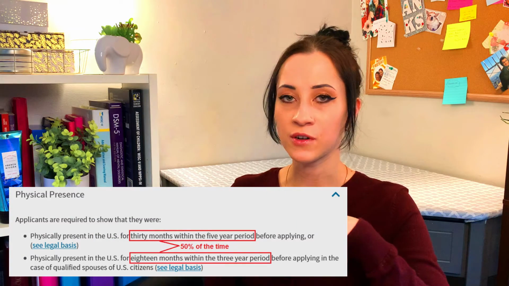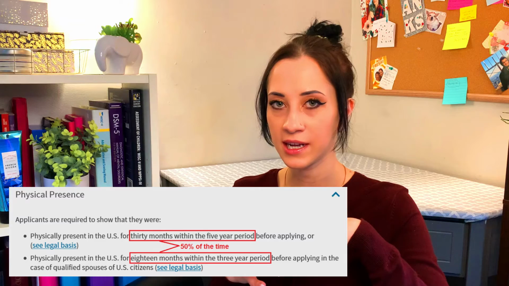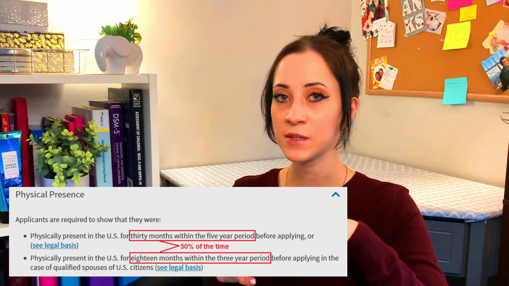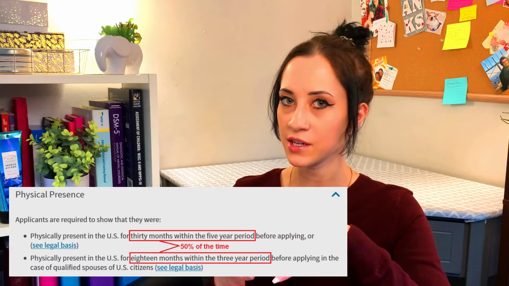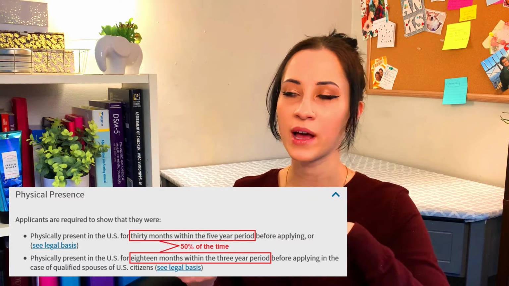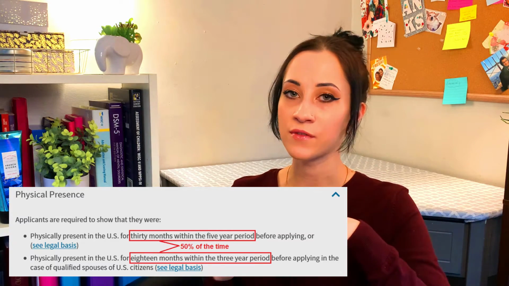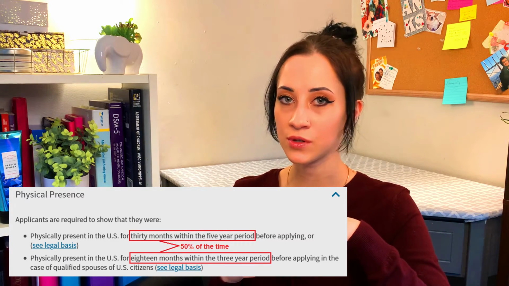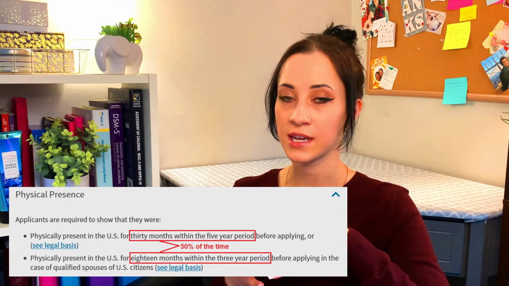To put it simply, for naturalization purposes, you do have to physically be present in the United States for at least 50% of the year. In other words, some people, depending on your status, may be eligible to apply for citizenship between 3 and 5 years. Out of those 3 to 5 years, you do have to be physically present in the United States for 50% of the time.